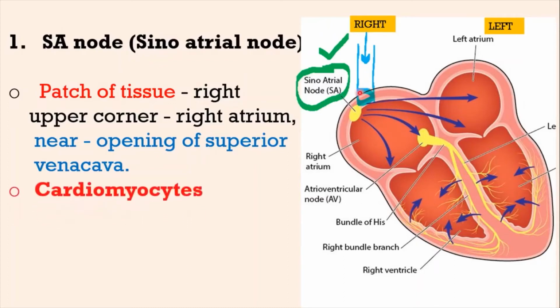How is the structure of SA node? It is made up of specialized cardiomyocytes. Cardio means related to the heart, myo muscle, cytes means cells. So cardiac muscle cells, they make this SA node. That means sinoatrial node is made up of specialized cardiac muscles. What is the function of sinoatrial node?